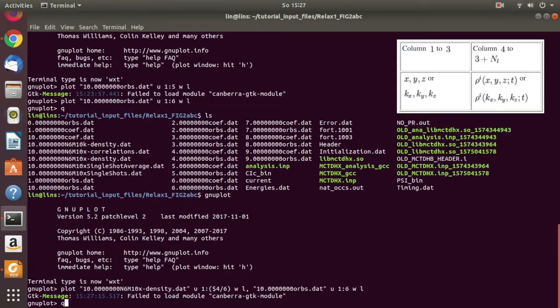Furthermore, we can also look at the k-density file to see the density distribution in momentum space, and we also want to divide it by 6, which is the number of bosons.